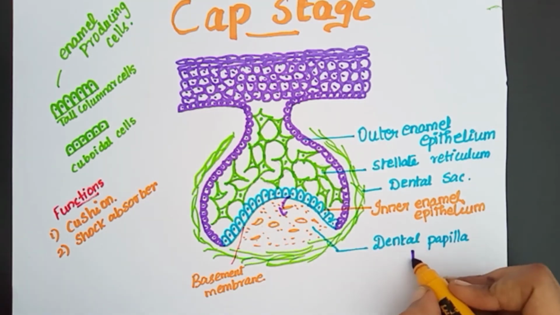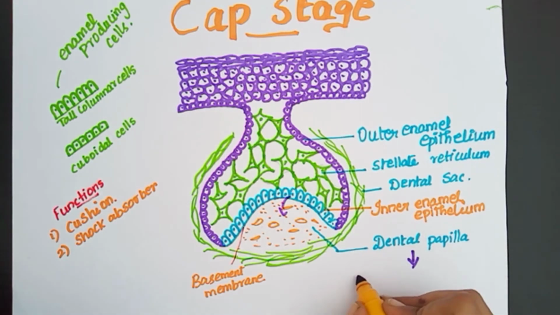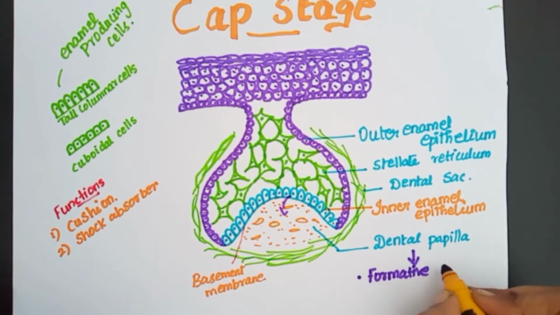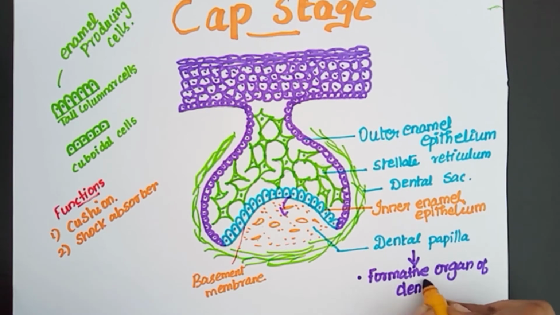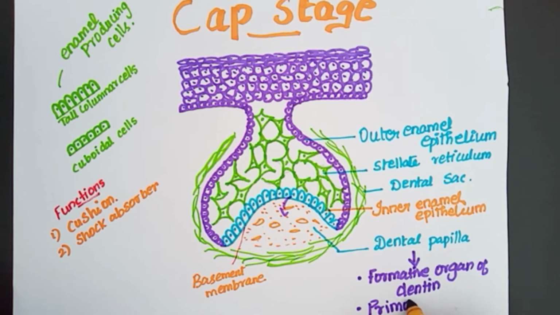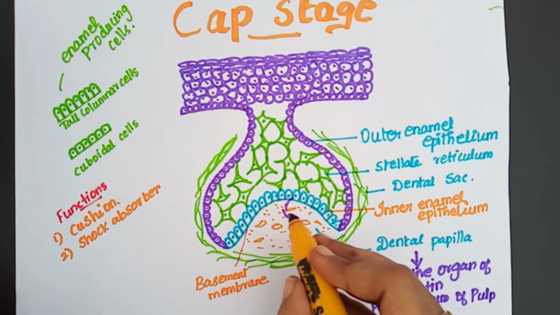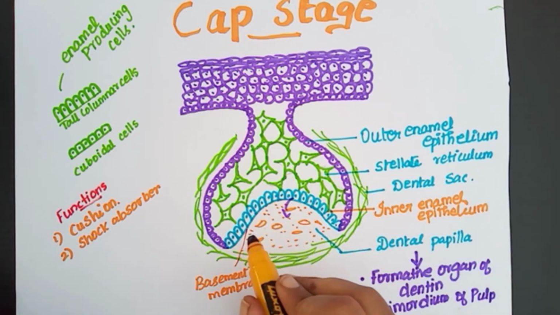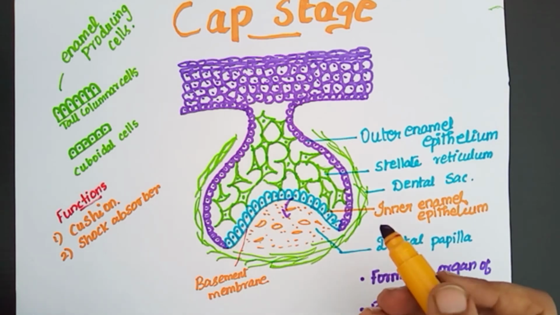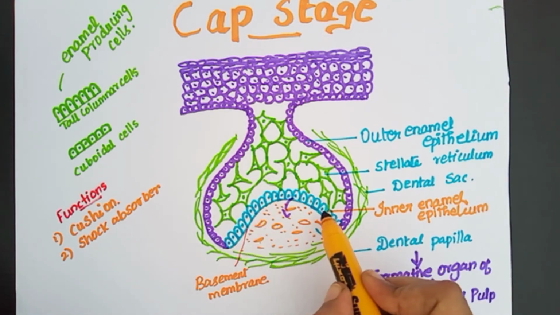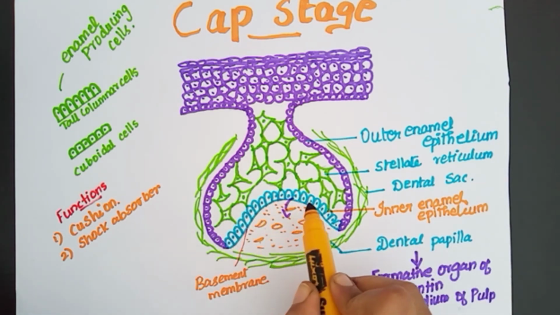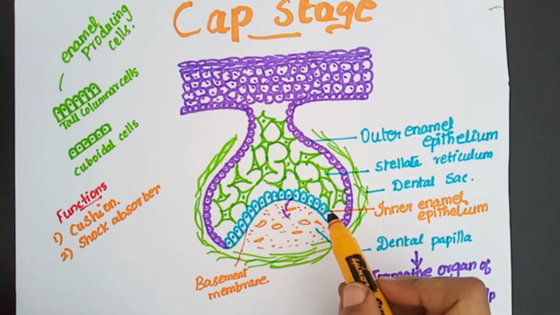Alright? This dental papilla is the formative organ of dentin and primordium of pulp. That is, the dental papilla changes into pulp and the cells adjacent to the inner enamel epithelium change into odontoblast, which produces dentin.